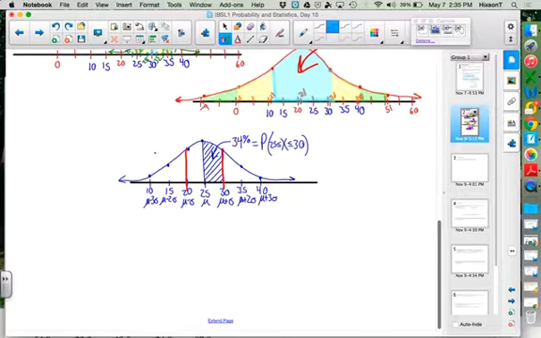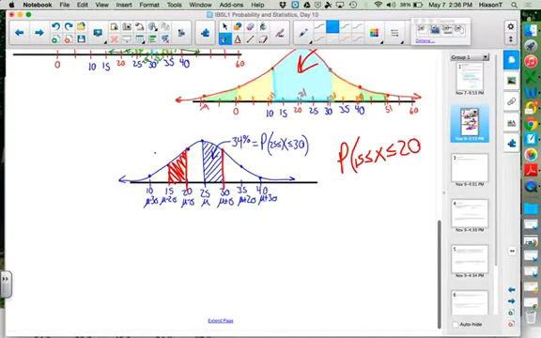It's 34%. Or I could ask, what's the probability that it's between 15 and 20? And that'd be 13.5%.